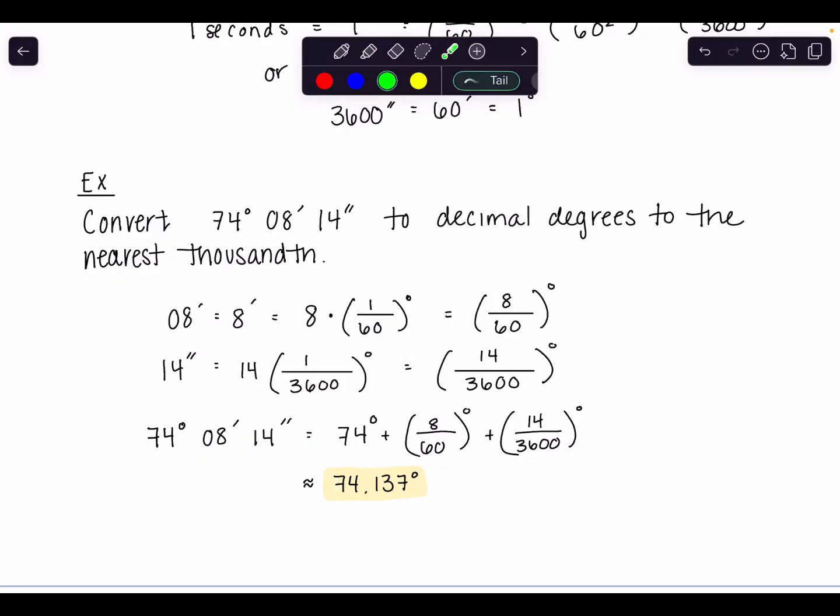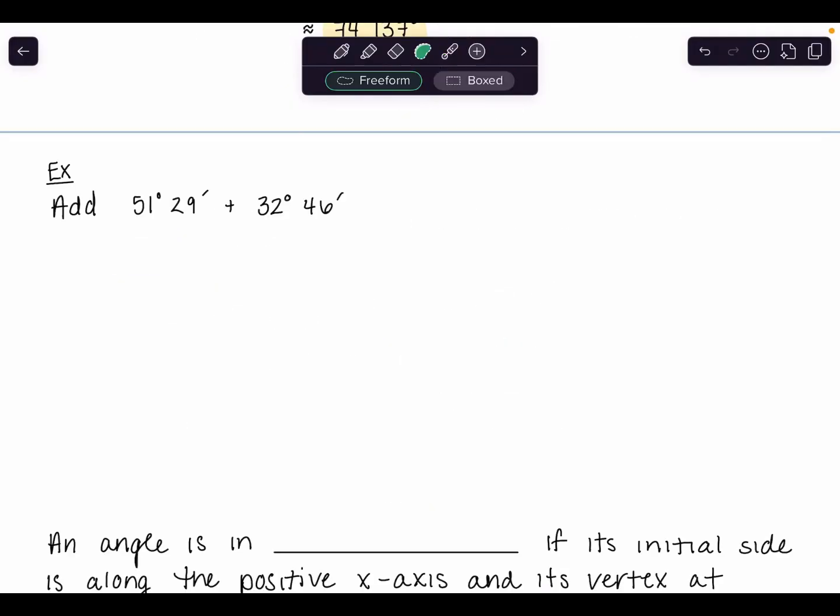So again, this stuff at the end should not equate to more than 1 degree, right? So let's go ahead and add 51 degrees, 29 minutes, plus 32 degrees, 46 minutes. So I'm just going to go ahead and write this like a standard addition. And you just go ahead and add those like components together.